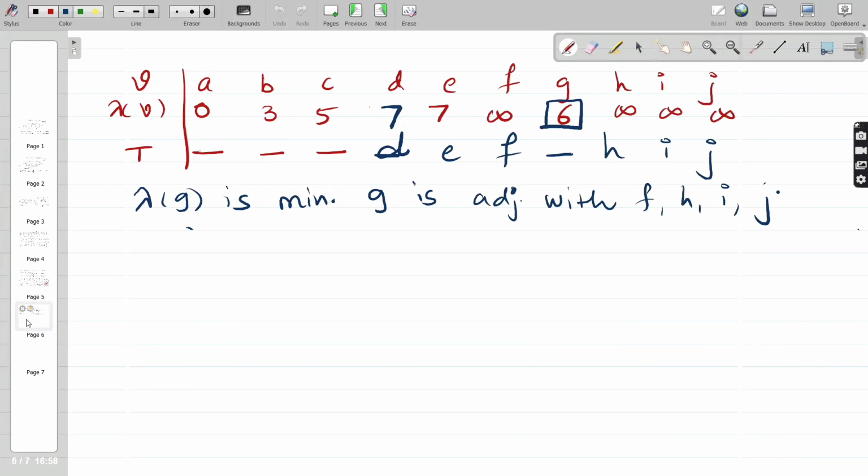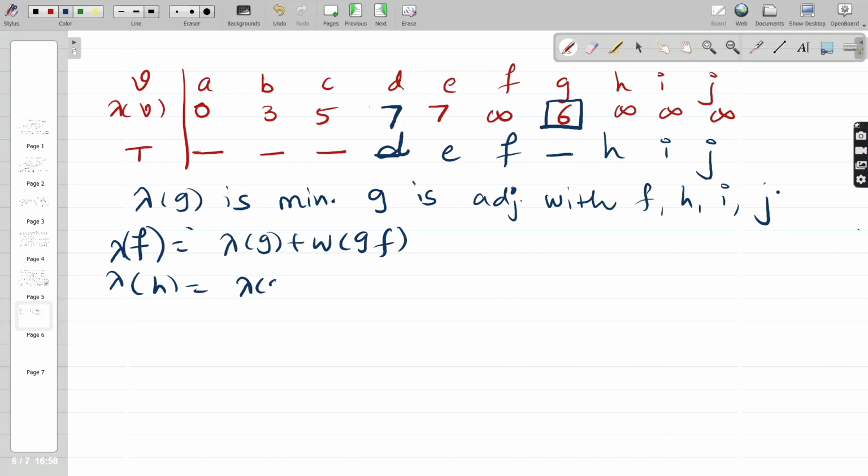Right now we will calculate lambda of F. Lambda of F is lambda G plus weight of GF. Lambda of H is equal to lambda G plus weight of GH. Lambda I is equal to lambda G plus weight of GI.